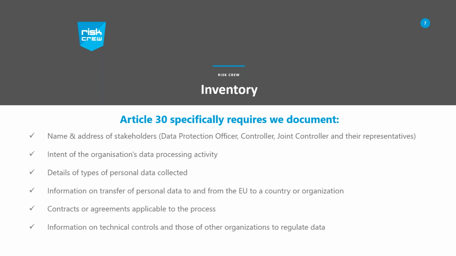We need to document the transfer of personal data to and from the EU and any other country or organisation we may wish to share it with. We have to have details of contracts or agreements as applicable to any data sharing that goes on. And we have to have information on the technical controls of ourselves and of other organisations that are there to protect that particular data.